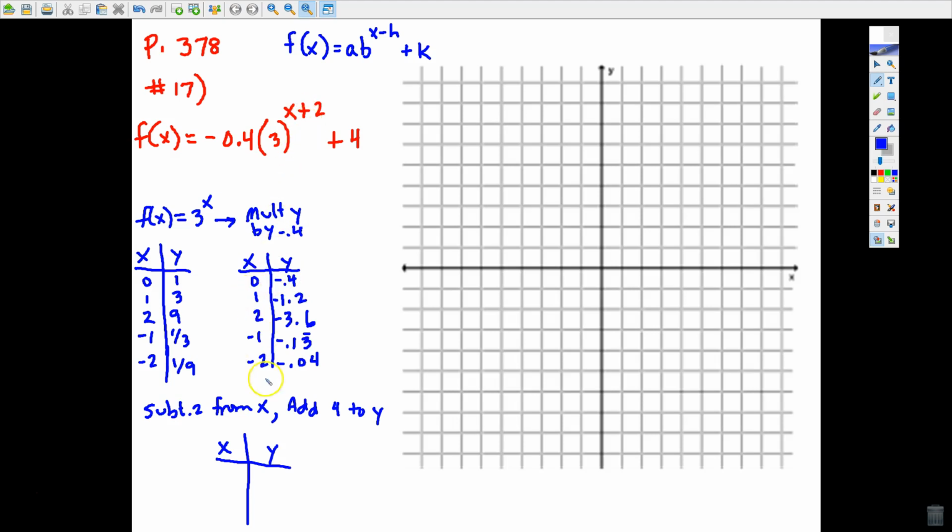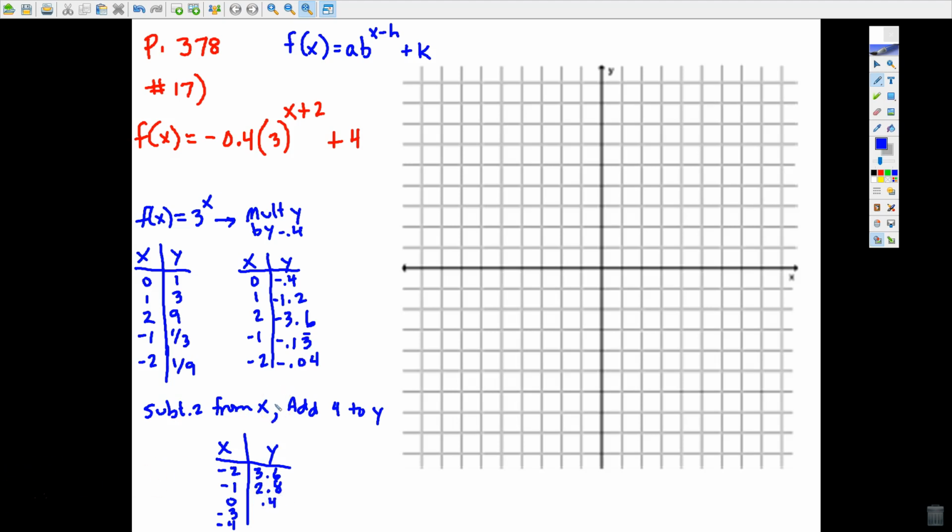So 0 minus 2, 1 minus 2, 2 minus 2, -1 minus 2, -2 minus 2. Okay? And then we're going to add 4 to each of these. -0.4 plus 4 is 3.6. -1.2 plus 4 is 2.8. -3.6 plus 4, that should be 0.4.